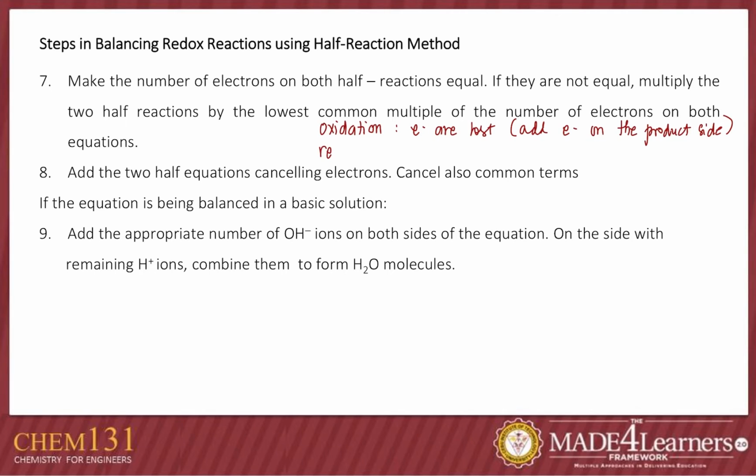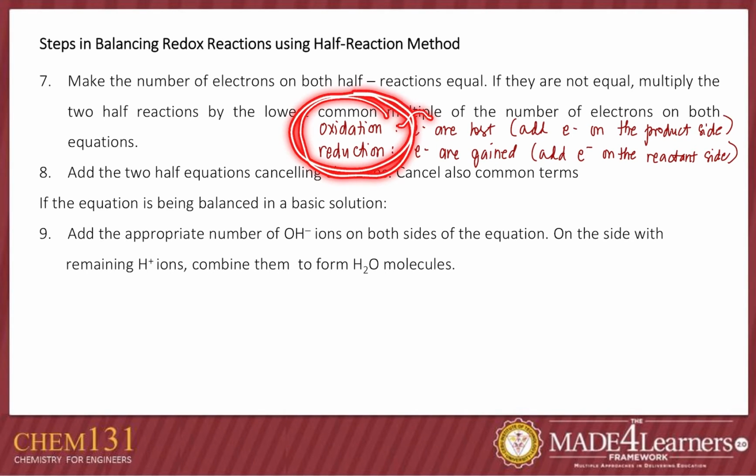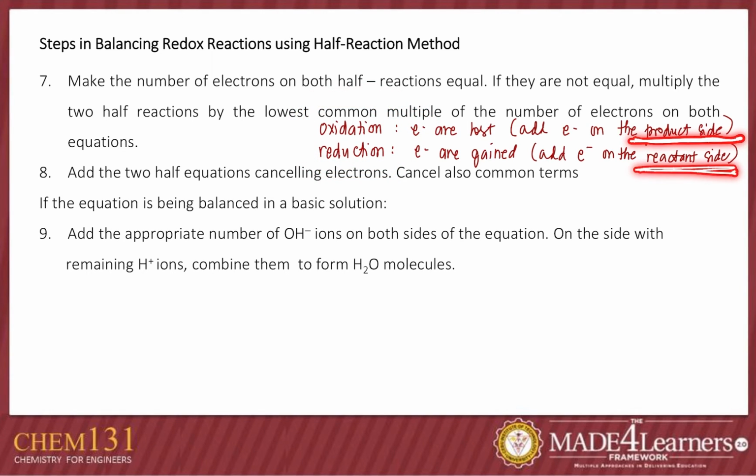So you should always follow this. In reduction, electrons are gained. So where do you add the electrons? Add electrons on the reactant side, the one on the left side of the equation. Okay? So if the number of electrons on both half reactions are already equal, one is on the product side and the other is on the reactant side, so when you add, they will cancel.